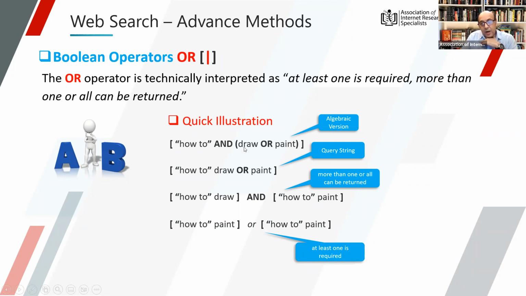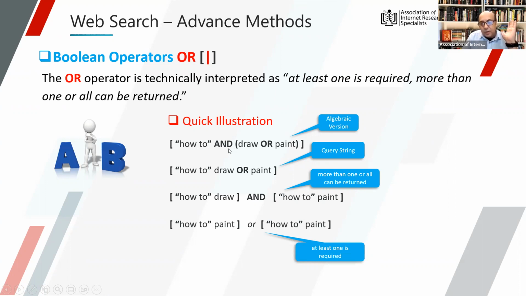So in the sense of how and why we have used it and expressed it in an algebraic equation is just to show you the way the AND or OR are supposed to work. So the OR needs to get resolved first, then it will be added to the words how to.